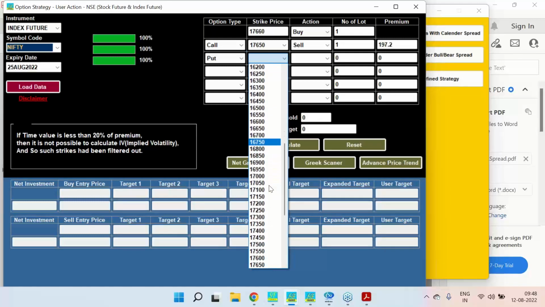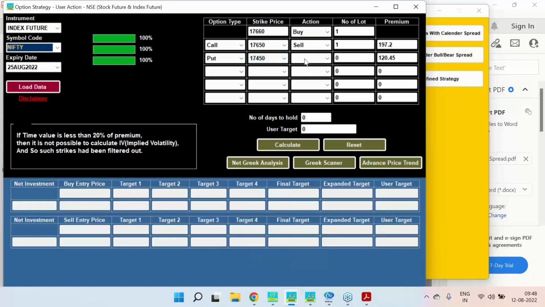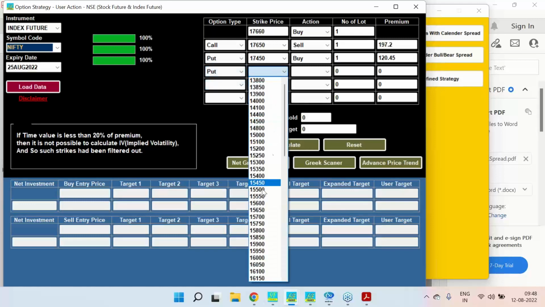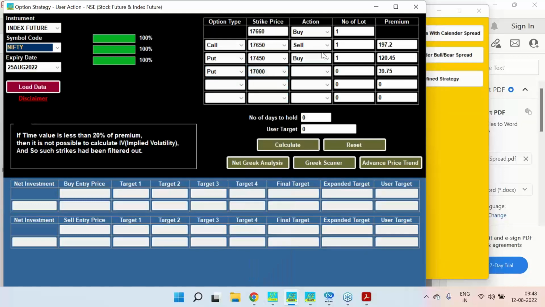Okay, 17,450. We will select the strike and buy this one lot. Again, we're going to sell the deep out of the money put option, which will be somewhere around 17,000. We're going to sell this one lot.